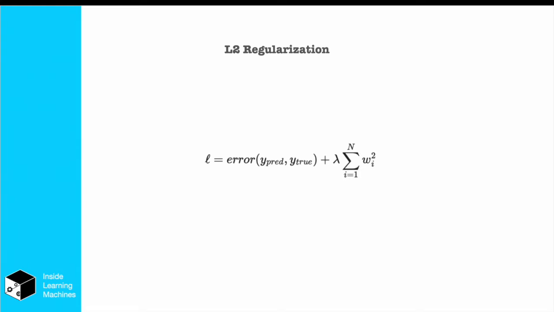And what L2 regularization does is it tries to minimize model complexity. So models with larger weight values will tend to be more complex. And so with this type of regularization term added on, we penalize that effect and try to keep the model as simple as possible. The reason for this is to improve how generalizable our trained model will be. So that's really what we're aiming at here.